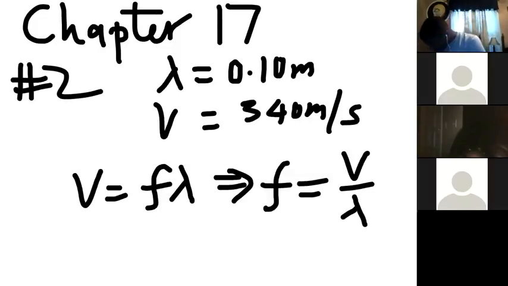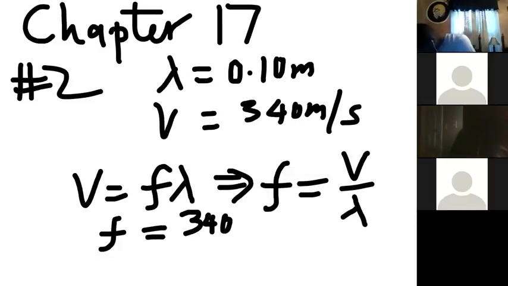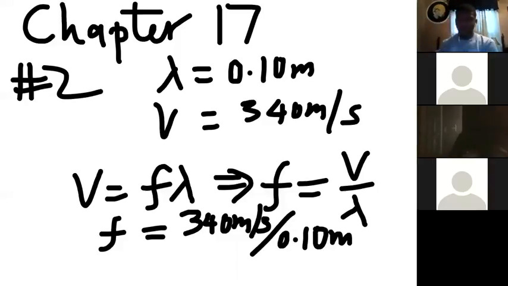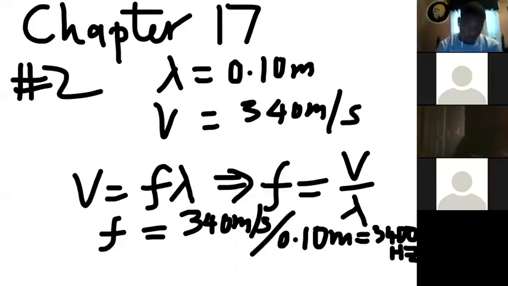So the frequency will be 340 meters per second divided by 0.10 meter, which is 3,400 hertz. Okay. Any questions?